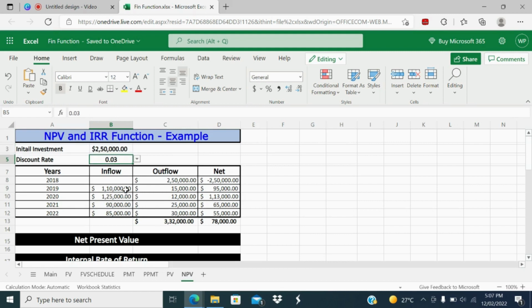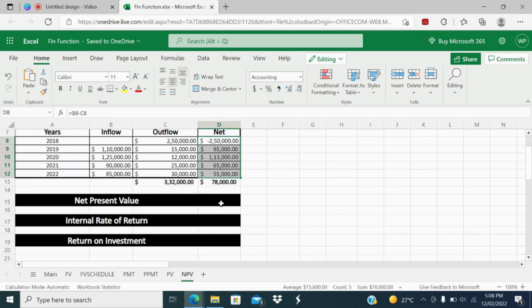My initial investment of 250,000 is the total outflow in the year 2018, and in subsequent years there is inflow as well as some small outflow. If I add the total net flow of 5 years, I have a net of 78,000.